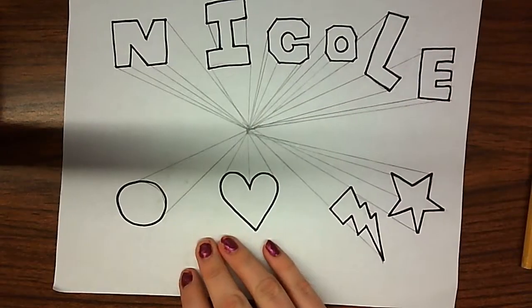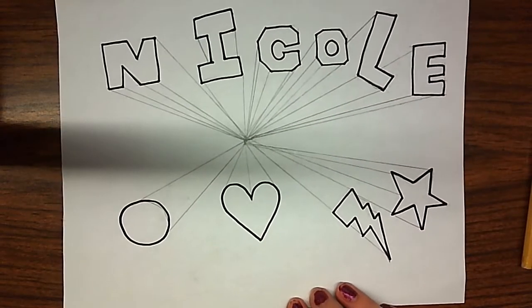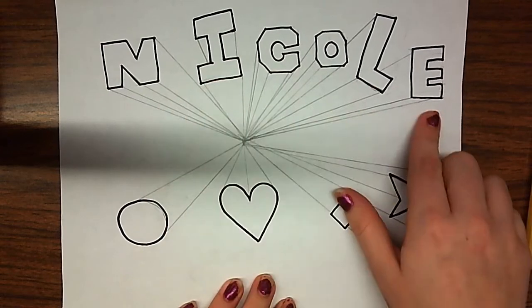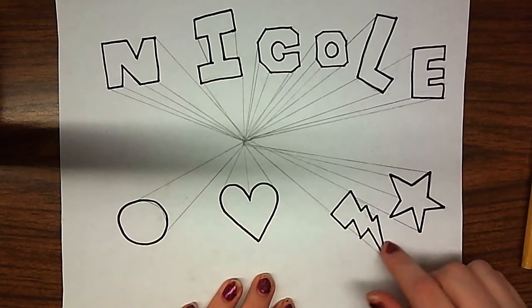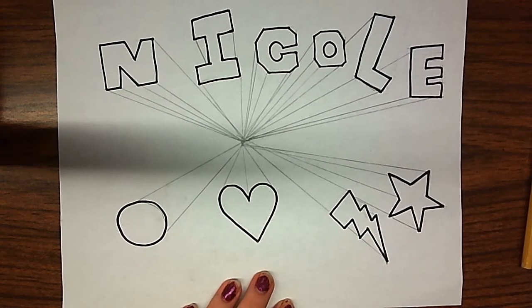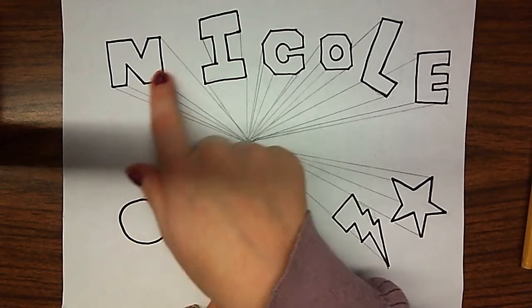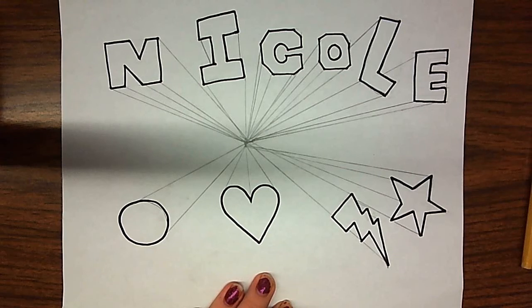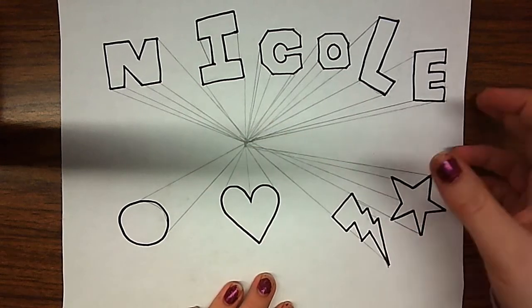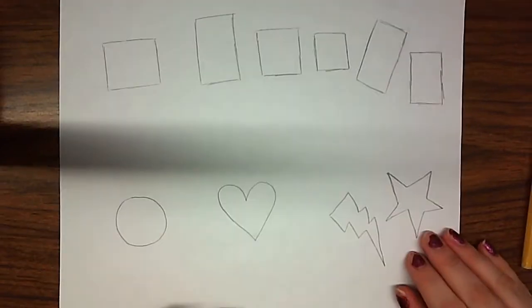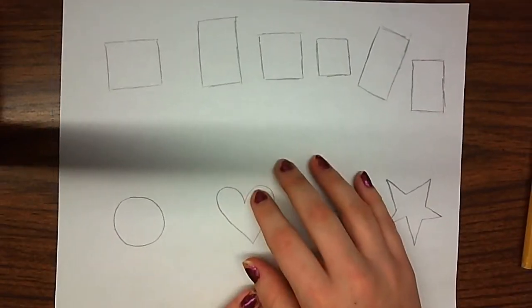I actually chose to do 6 letters for my first name. I did Nicole, and then I chose a few simple shapes. You can decide what shapes you want, and I'm going to do a quick video to show you how I got here. To make the video go a little faster, I already drew my rectangles and squares.